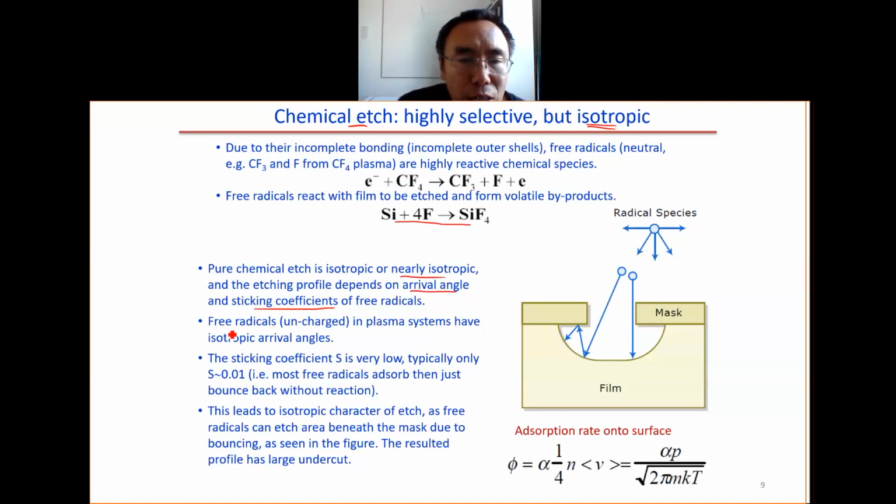First, they are uncharged, so they have an isotropic arrival angle. You can see they arrive from different directions, with the same chance. Secondly, the sticking coefficient is also very low.